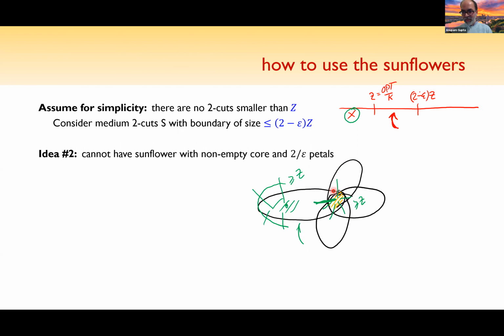So if the total number of edges leaving this whole set is at most 2 minus epsilon, and for every other petal I'm sending epsilon, then the number of petals is at most, well, I'll count 1 for myself, 2 minus epsilon, which is 2 over epsilon minus 1, whatever.